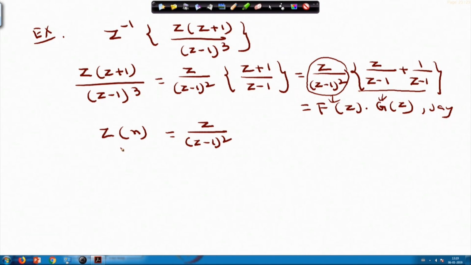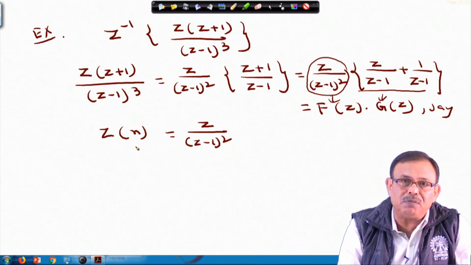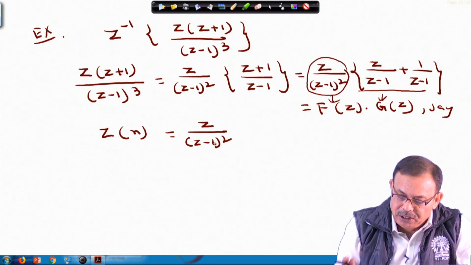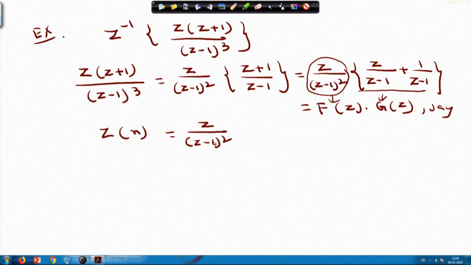Already we know these things, we have done earlier that z transform of n is z by (z minus 1) whole square, and also z transform of h of n plus h of n minus 1, where h is the Heaviside function.